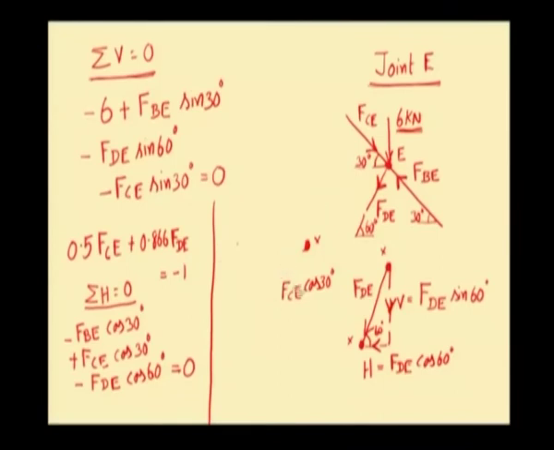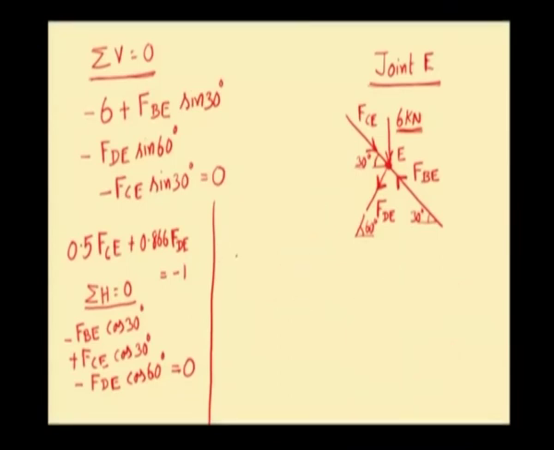Simplifying this equation, we will be getting 0.866 FCE minus 0.5 FDE, which will be equal to 8.66. We shall keep this equation as number 2. Already we have got another equation by applying the condition sigma V equal to 0. This equation is taken as number 1.